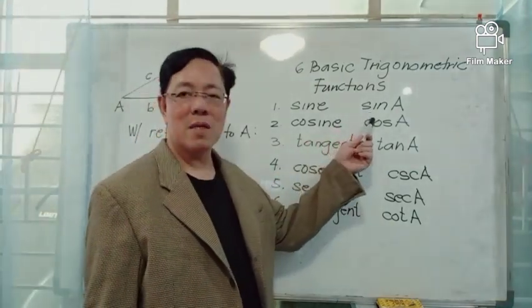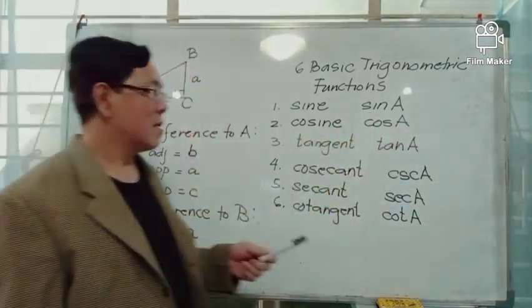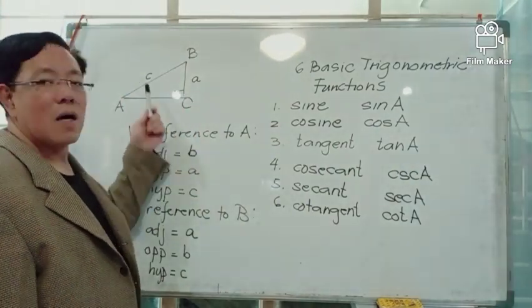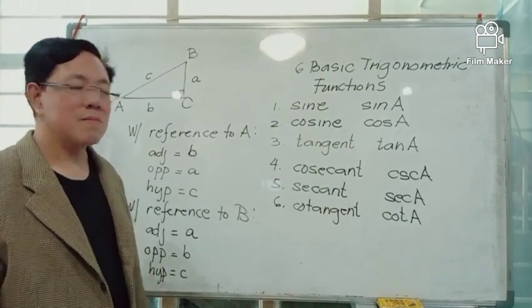For example, the value of sine A is equal to the ratio of 2 sides of this right triangle.